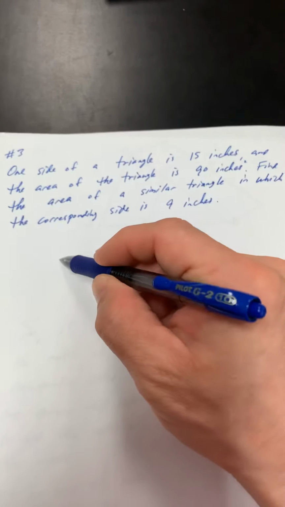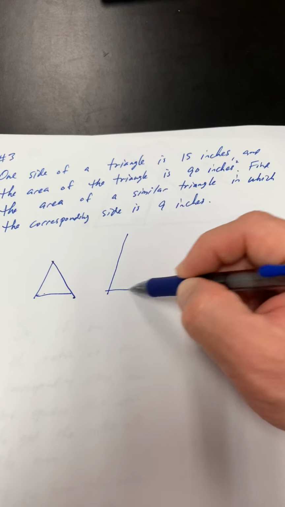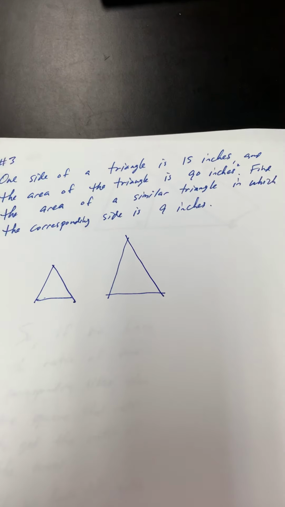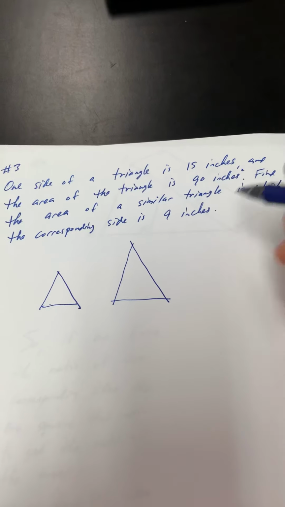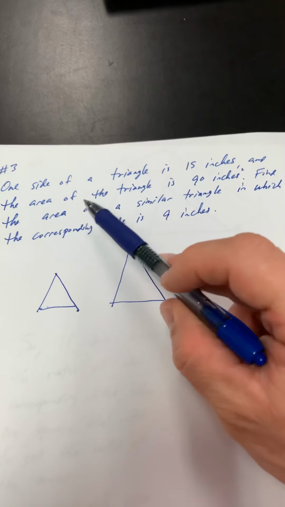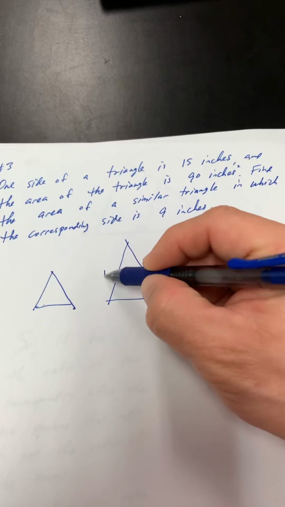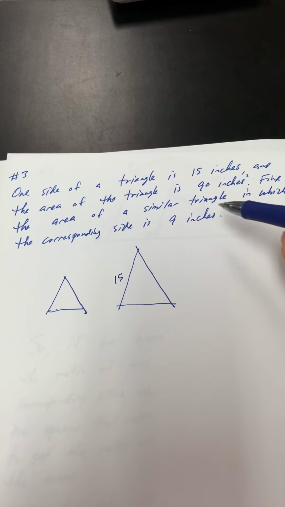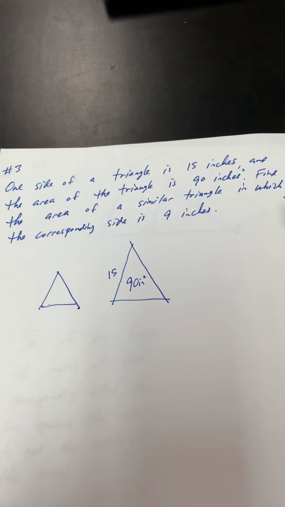All right. So we've got two triangles here that are similar. It says that one side of a triangle is 15 inches, and the area of the triangle is 90 inches squared.